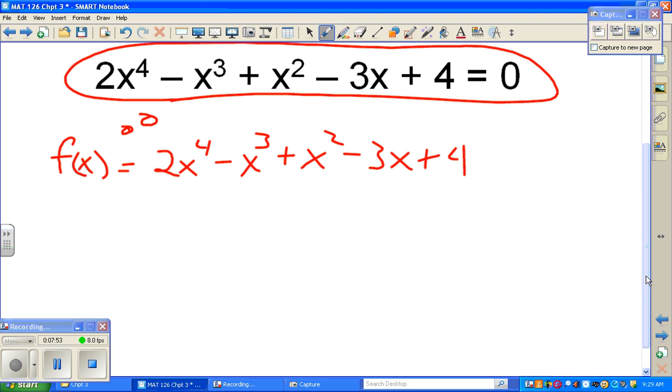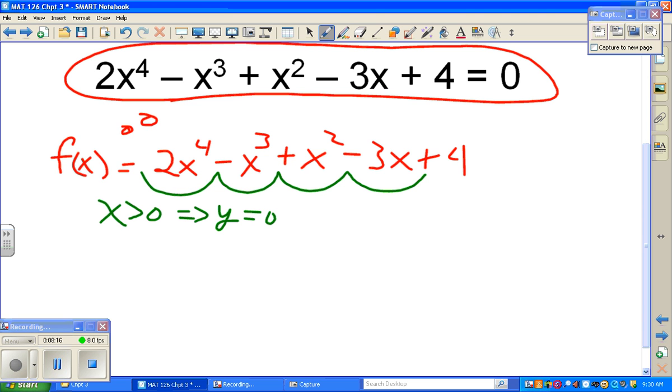I'll give you a minute to write this down. How many? Are there 4? 1, 2, 3, 4. So for positive x's that make y equal 0, I could have 4 of them, I could have 2 of them, or I could have 0 of them.